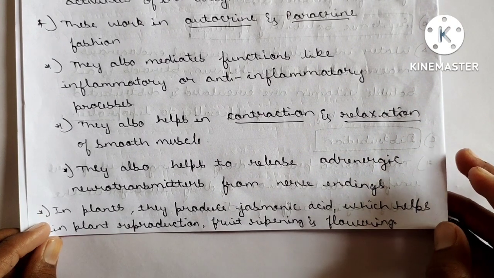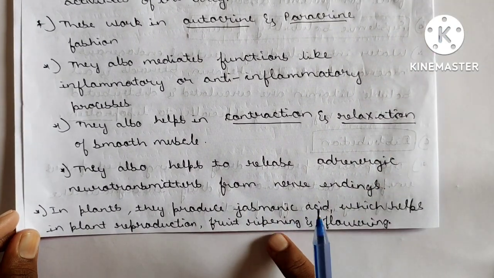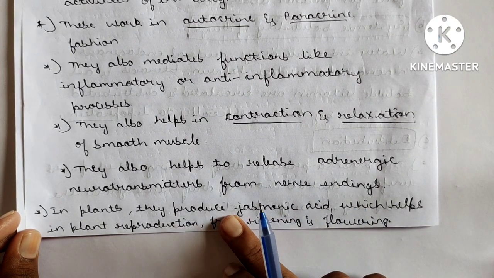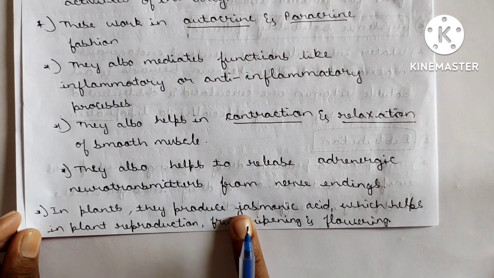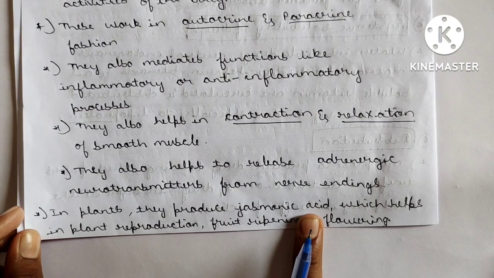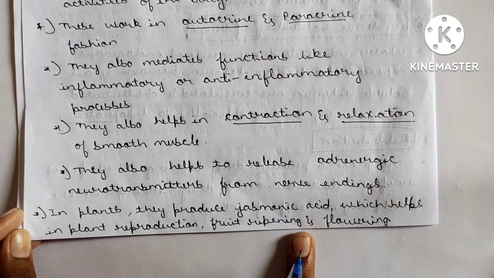In plants, they produce jasmonic acid, which helps in plant reproduction, fruit ripening, and flowering. Jasmonic acid is a product produced from the plant, influenced by prostaglandins, and helps in reproduction, ripening of fruit, and flower production.